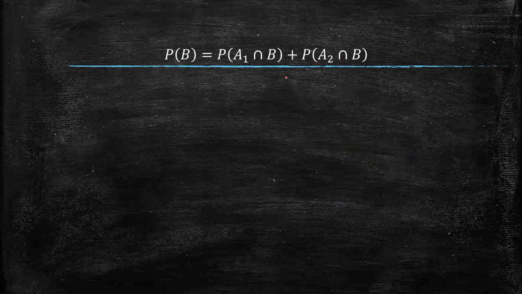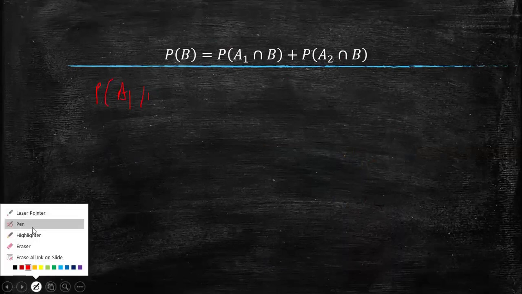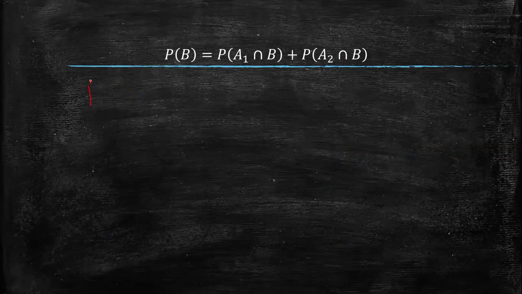But remember, we are dealing with conditional probability to some extent, because A1 is happening because B has already happened. So meaning we are going to change the probability of A1 intersection B into a conditional probability. So this is going to be probability of A1 happening because B has already happened.